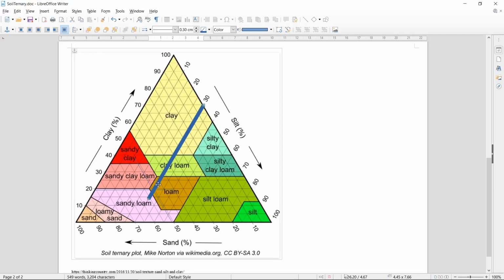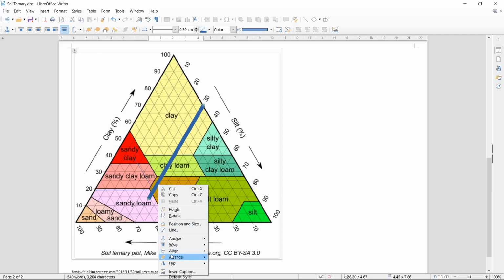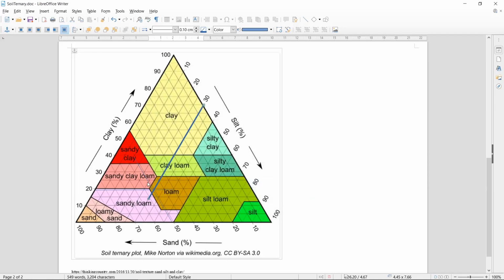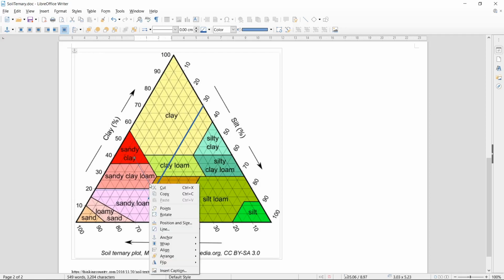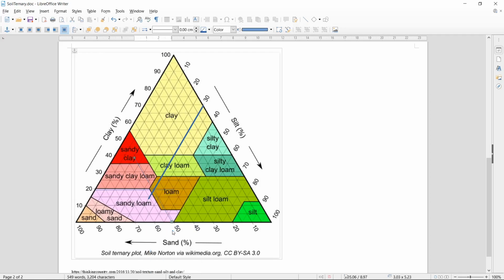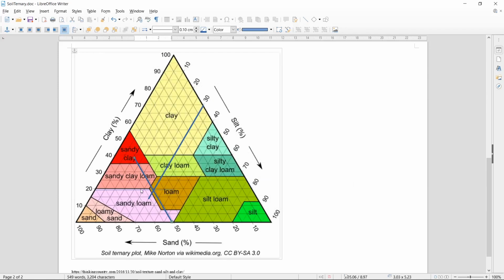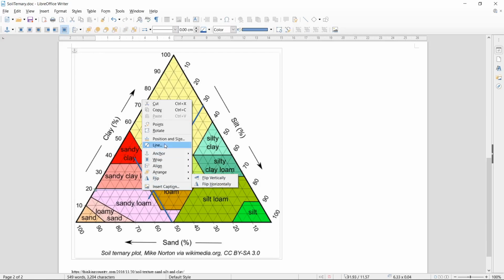It's actually slightly thicker than we wanted. Similarly for this line, let's increase the thickness. Similarly for the third line we plotted, let's increase the thickness.